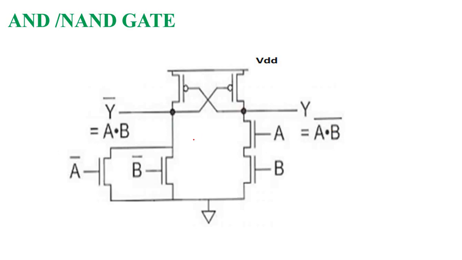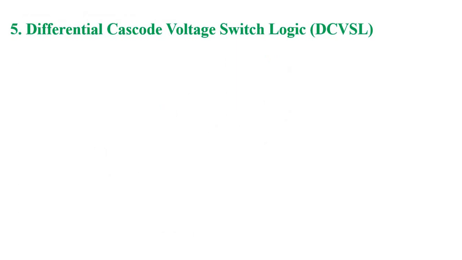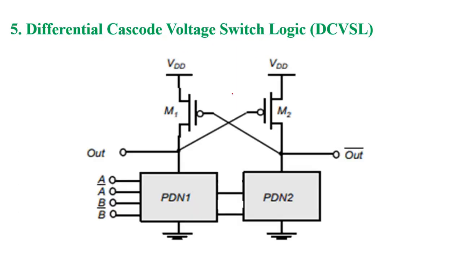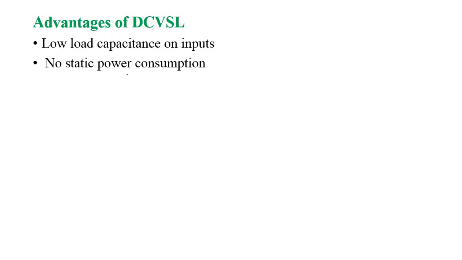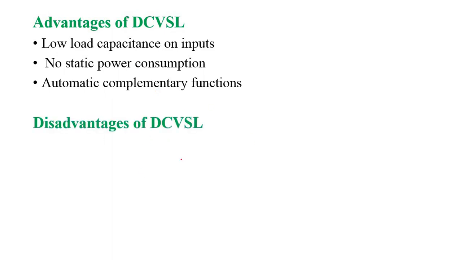That is called differential cascode voltage switch logic. The advantages are low load capacitance and no static power consumption, with automatically complementary functions. One is the general form and automatically the other one is the complemented form.